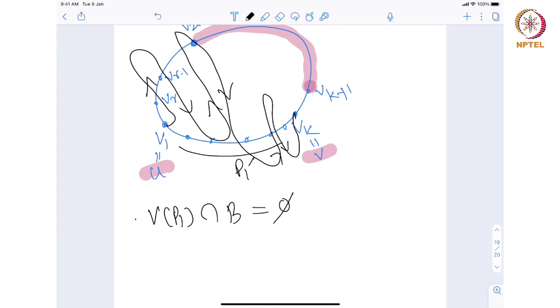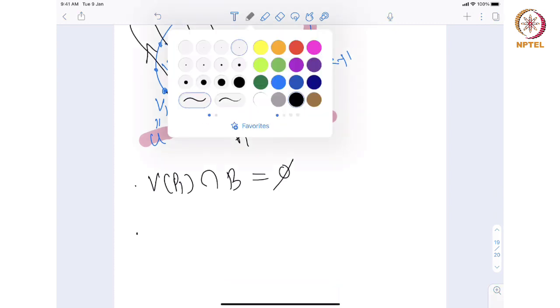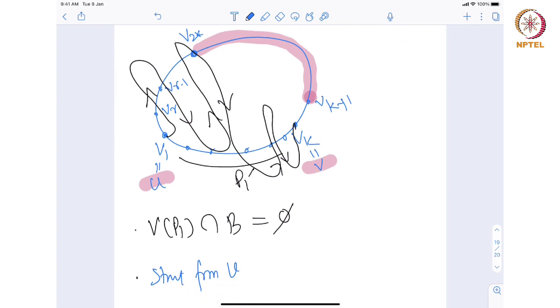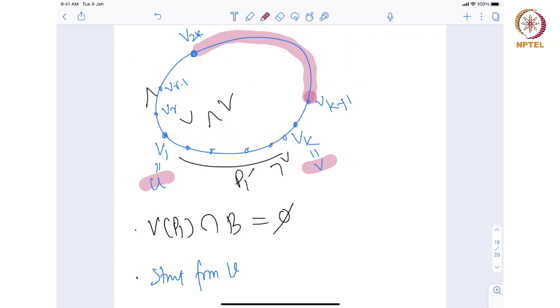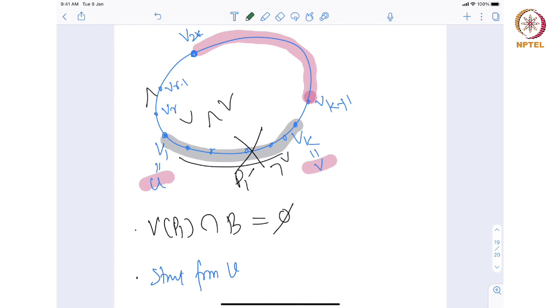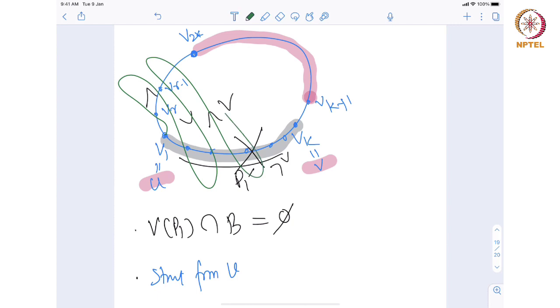Now let's start from V. Let's say this path, we don't know if it exists or not, maybe it does not exist, but there exists some other path which starts at U, and maybe goes around like this and comes back.